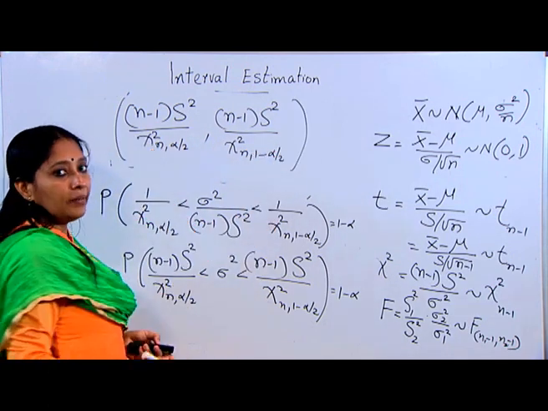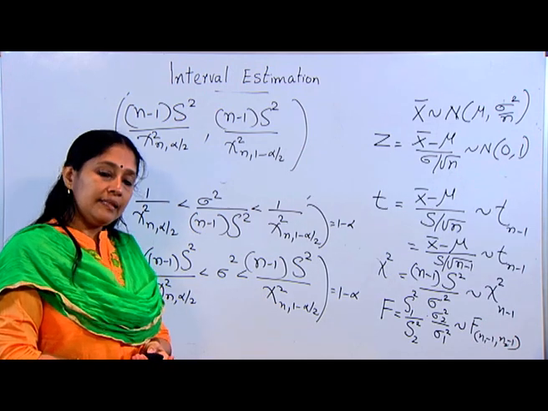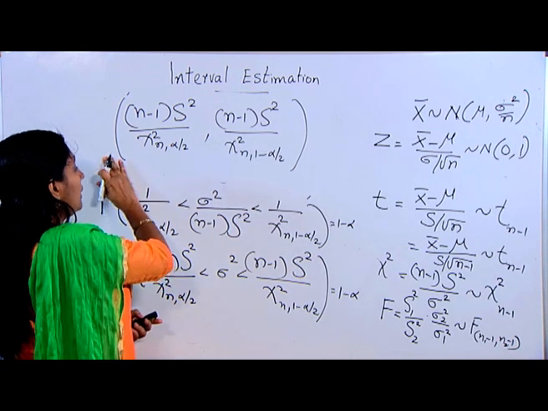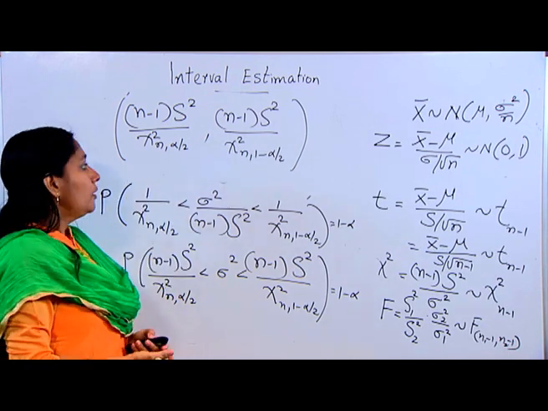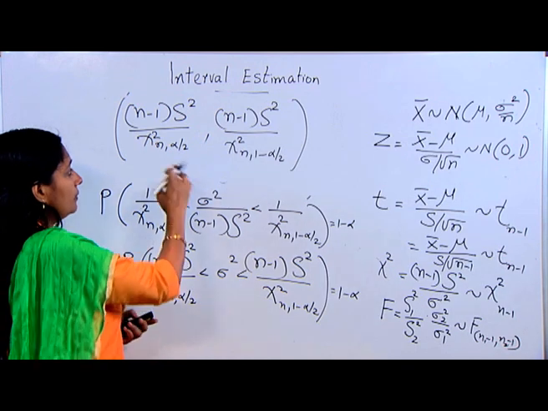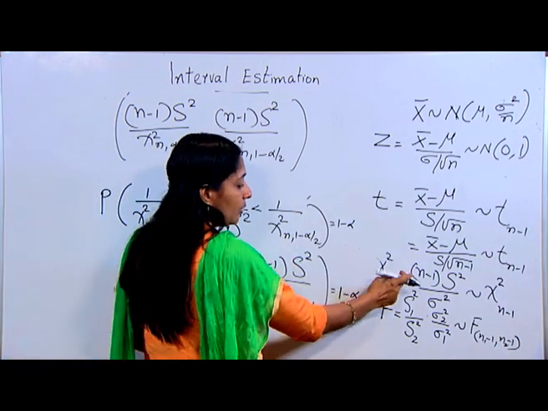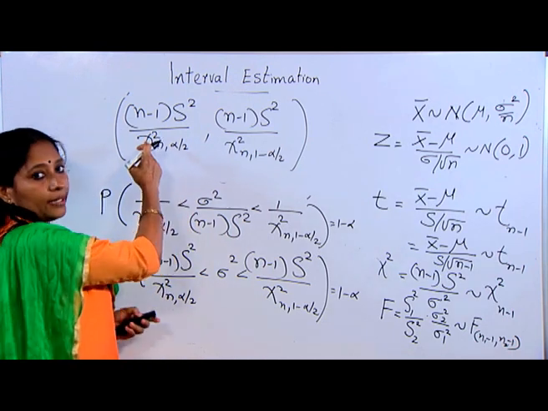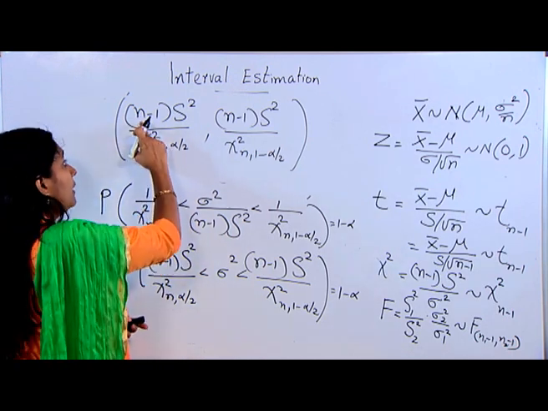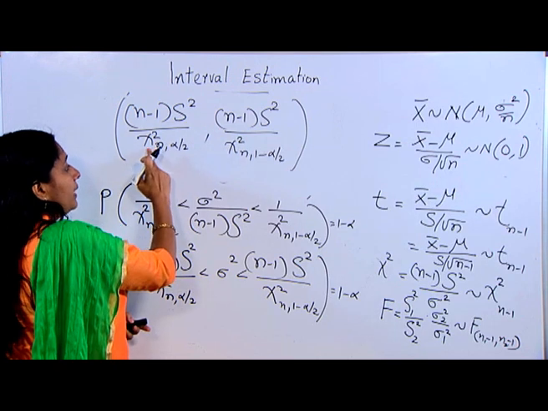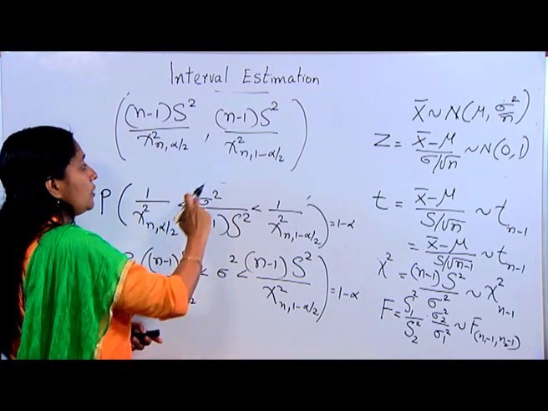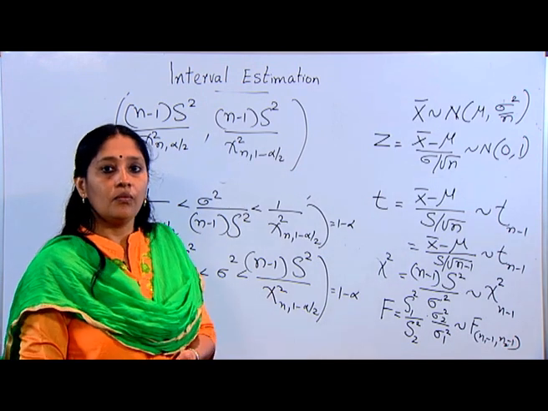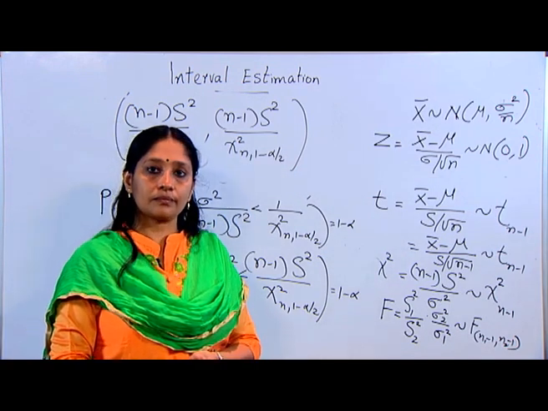So, this is the 100 into 1 minus alpha percent confidence interval for the parameter sigma square. When mu is unknown, you know that this will be following chi-square with n minus 1 degrees of freedom. So, the corresponding confidence interval will be n minus 1 s square by chi-square n minus 1, alpha by 2 and n minus 1 s square by chi-square n minus 1, 1 minus alpha by 2.